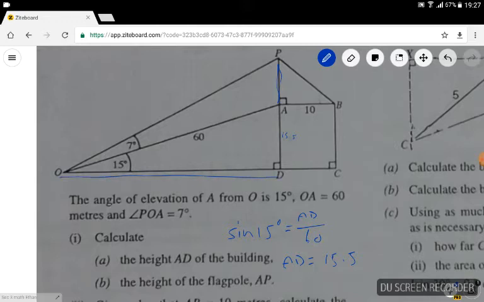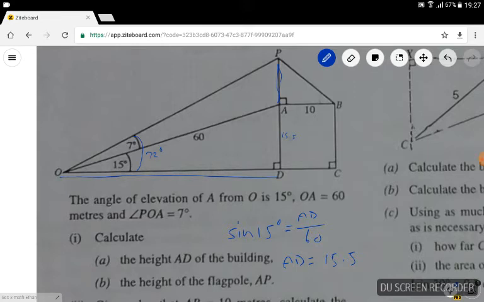Because after I found this length, using the angle here, which is 22 degrees, then I can find the total height. Then I take the total height minus this 15.5, I will have this height. Right? You see that? Okay, so first thing, let's find OD.